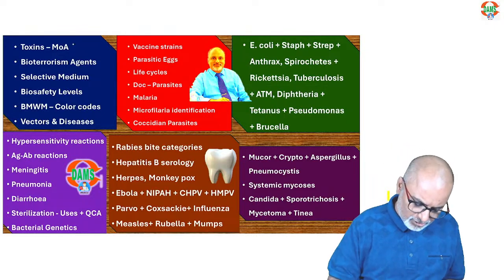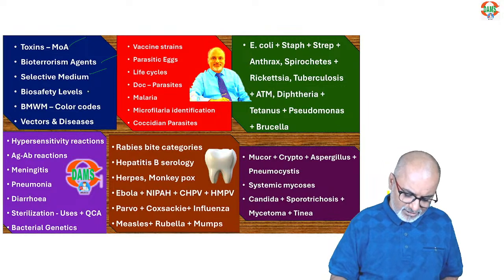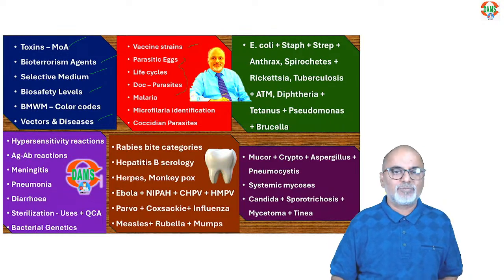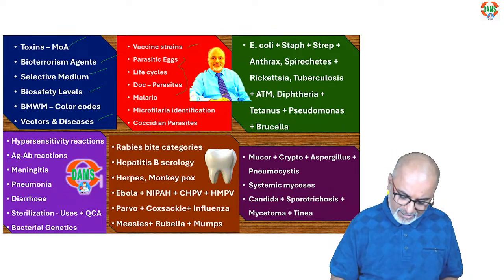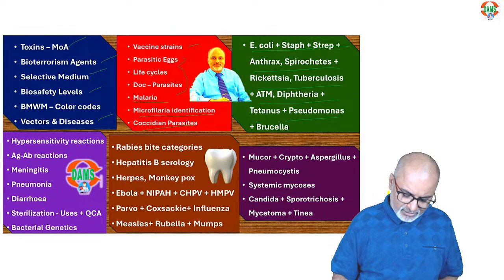You need to know all toxins and mechanism of action, bioterrorism agents, selective media list, biosafety levels, vectors and diseases, vaccine strains, parasitology eggs, drug of choice for parasites, and mainly malaria, microfilaria, coccidian parasites. Bacteria, not all, few: E. coli, staph, strep, anthrax, atypical mycobacterium, diphtheria. Hypersensitivity reaction, antigen antibody reaction, diseases like meningitis, pneumonia, diarrhea, sterilization procedure.